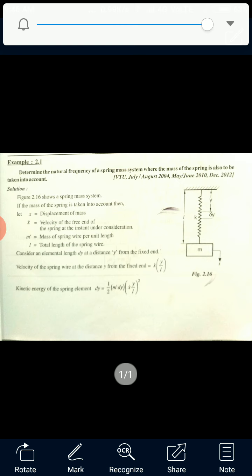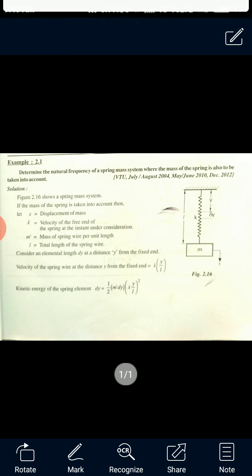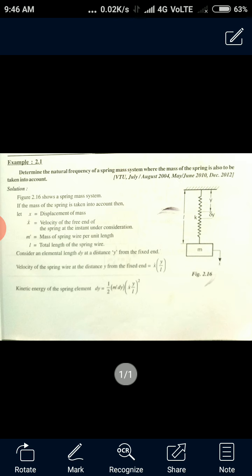So, in the previous class, we discussed undamped free vibrations and derived the equation of motion and the natural frequency for the spring mass system using different methods.